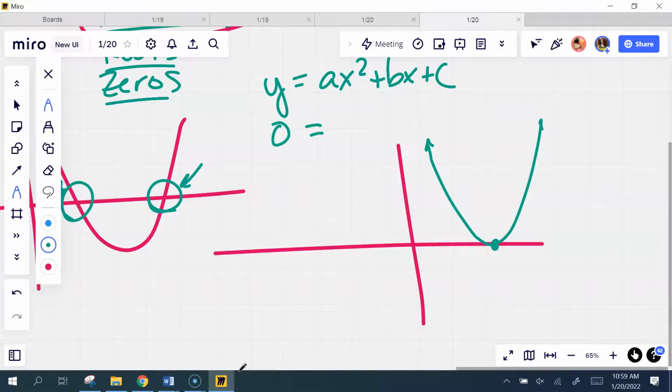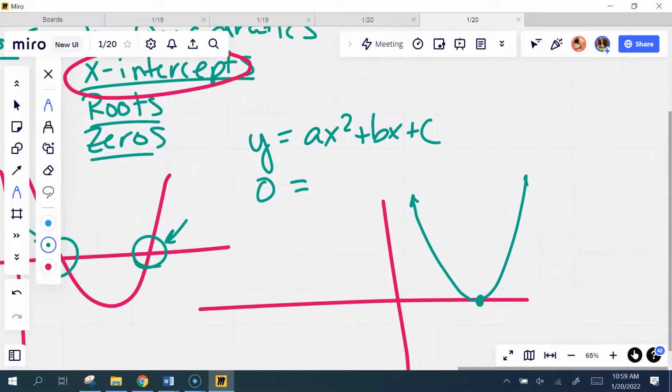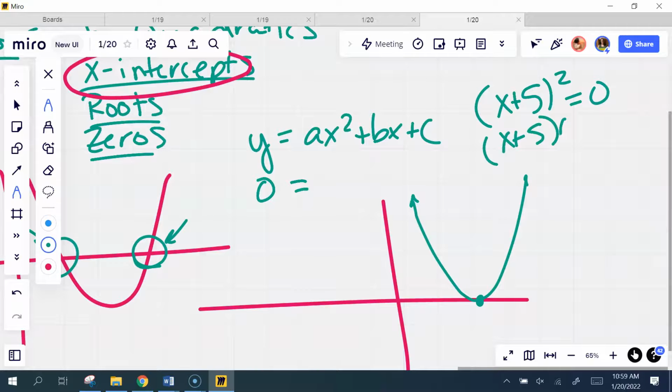You had a couple of those last night. Whenever you get something that looks like x plus 5 squared equals 0 and you had to solve it, that means x plus 5 times x plus 5 equals 0. You get negative 5 both times, right? That is where the vertex sits on the x-axis. That is one solution.